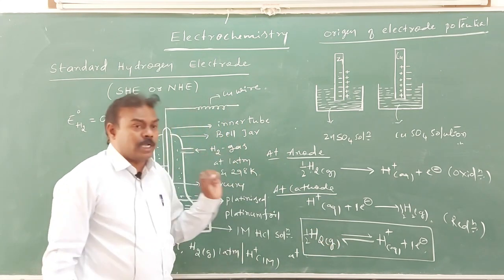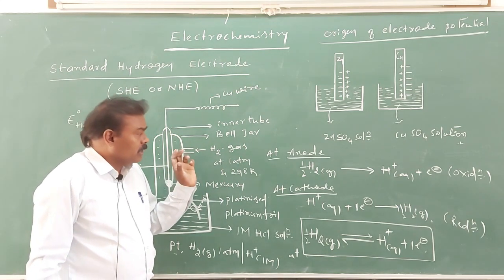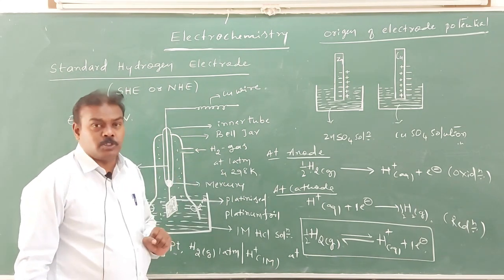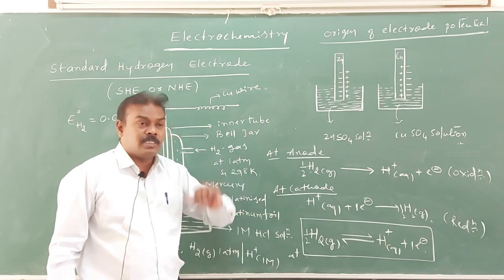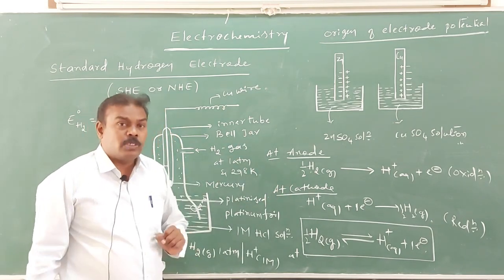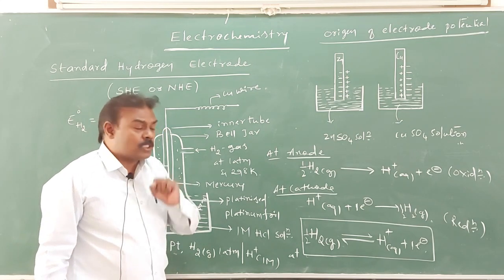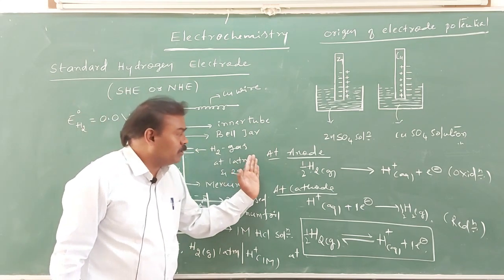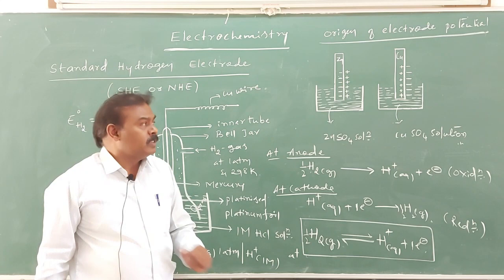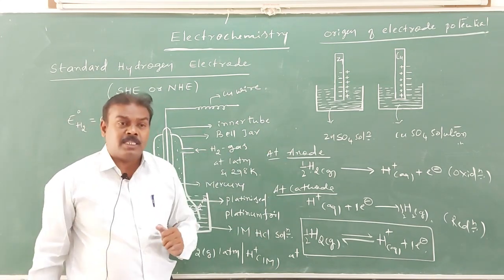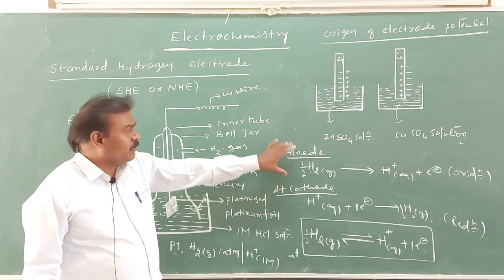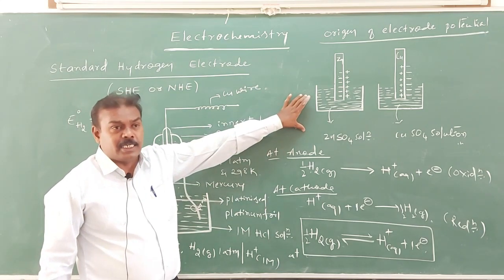So in the hydrogen electrode, two reactions are possible, both oxidation and reduction. Hence this electrode is called a universal electrode, because it acts as both anode and cathode. Now, how is it possible to measure the electrode potential of any other electrode? Suppose you want to measure the electrode potential of zinc.